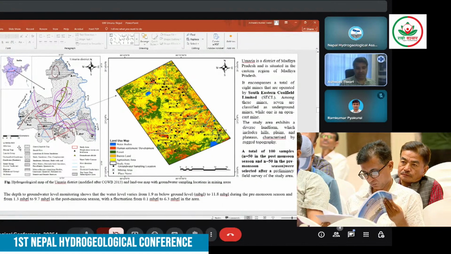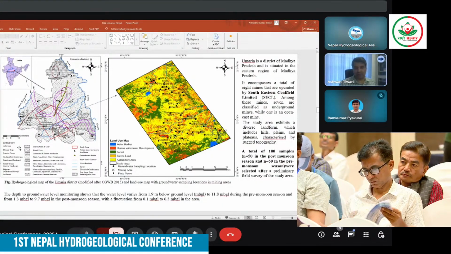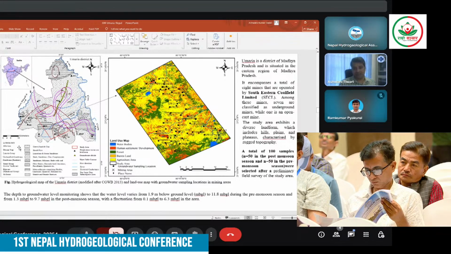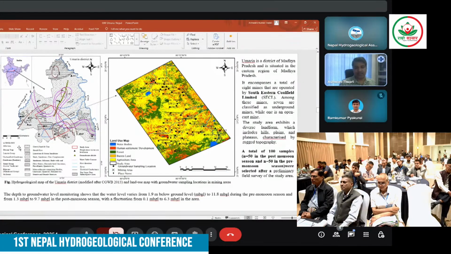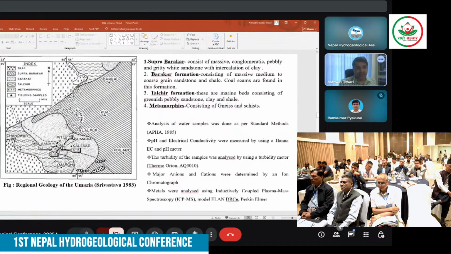We observed the water table varies from 1.9 meters below ground level to 11.12 during the pre-monsoon season, and 1.3 to 9.7 in the post-monsoon season. The geology of the area is mostly Supra-Barakar, Barakar formation, Talchir and metamorphic.